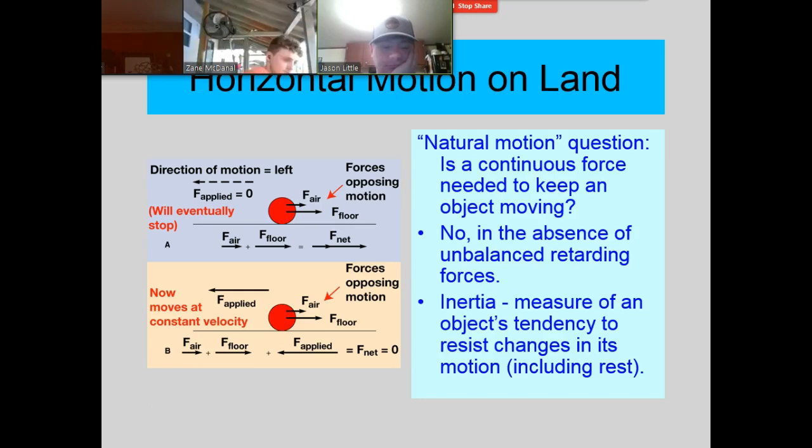It's so light, has very small inertia. However, if I rolled a bowling ball across the table, it's going to keep rolling pretty much at the same speed until it falls off the table because it has a large inertia, large tendency to resist changes in its motion. So that's what inertia is. Okay? We're going to have some further examples of this coming up a little later.